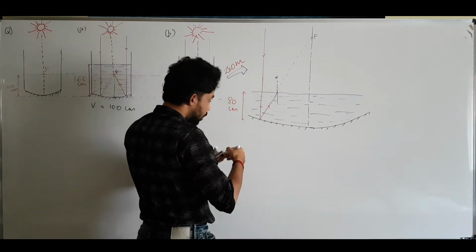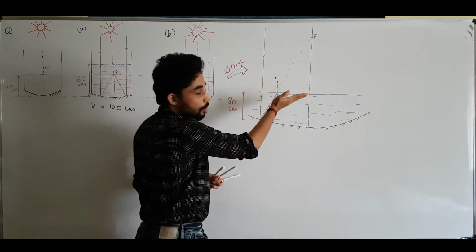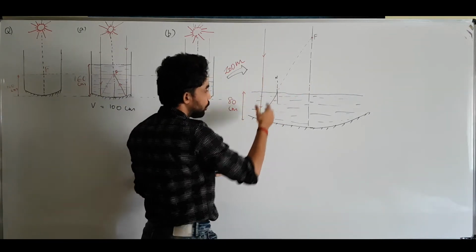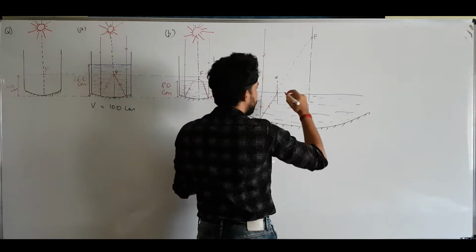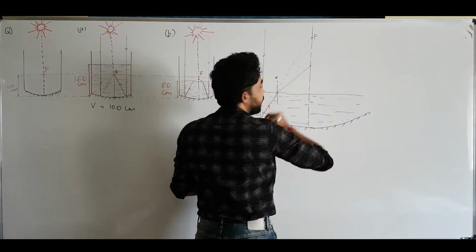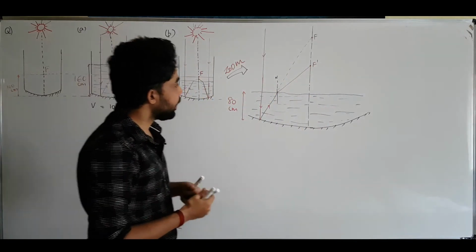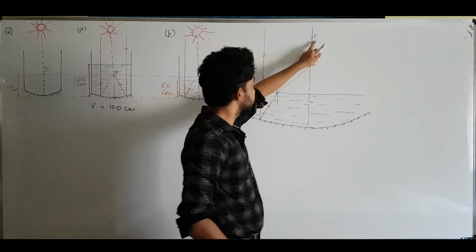So the ray, instead of going like this, will be bending away from the normal. Why? Because it's moving from denser to rarer medium. So the ray will bend like this, and it will meet at some point here. Let's call this point F dash. So we'll be getting an image at this point instead of this point.